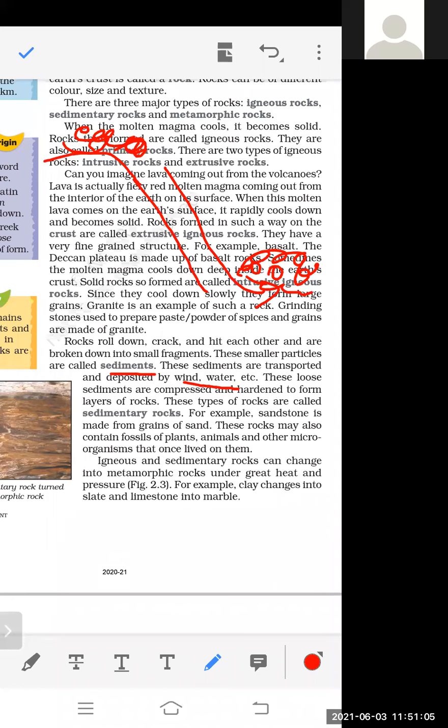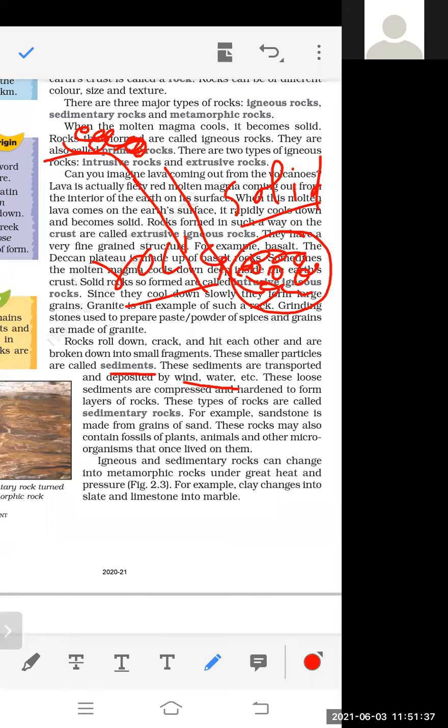What happens when there is layer over layer? The lowest layer feels the pressure of the upper layer. The upper layer puts its pressure on the lower layer. So with the heat and pressure of the upper layer, these sediments begin to solidify and convert into rocks. That is called sedimentary rocks.